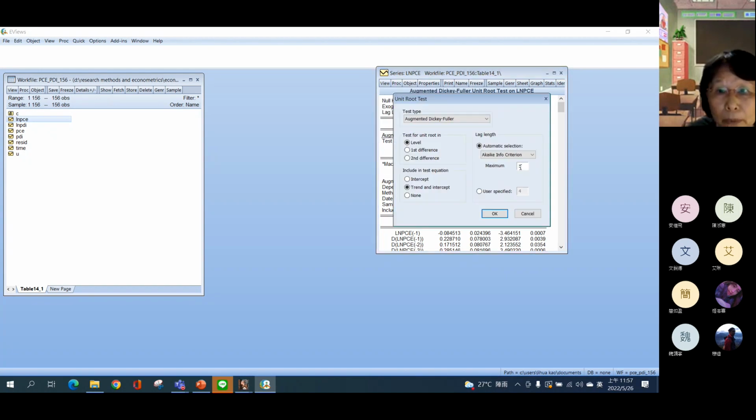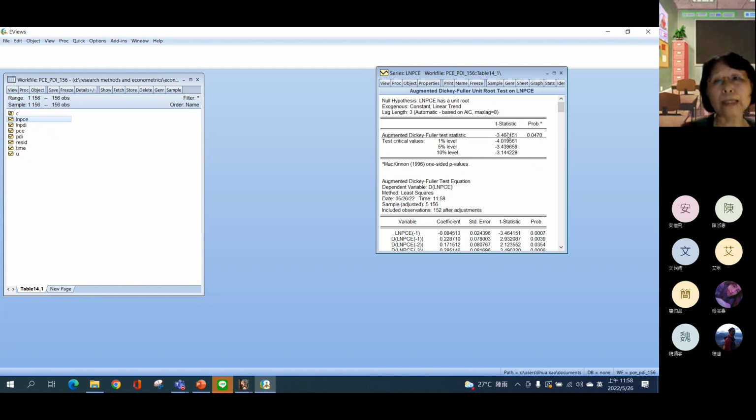If I try 8, the result is the same as 3. So if I try 1 or 2, it's non-stationary. Starting from 3, it becomes stationary at the 5% level.